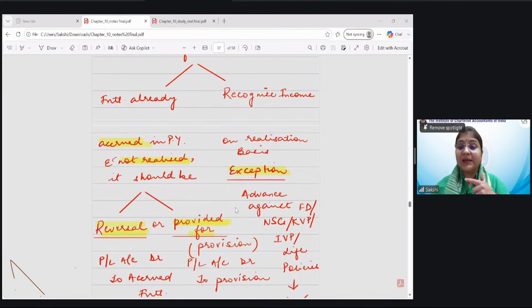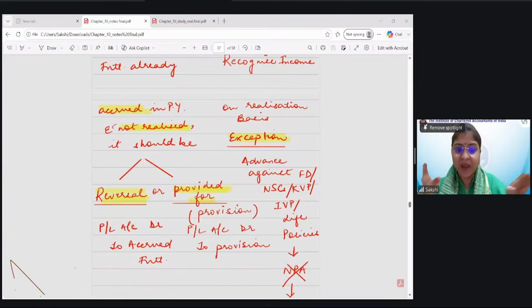It should be reversed. How will you reverse it? You will pass the entry: PL account debit to interest accrued. Are you understanding this? Or it should be provided for. Means a provision should be made. Why? Because it is not realized. PL account debit to provision.